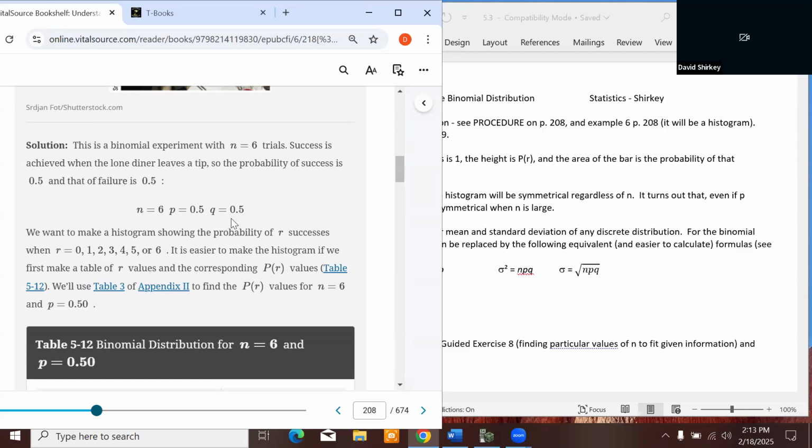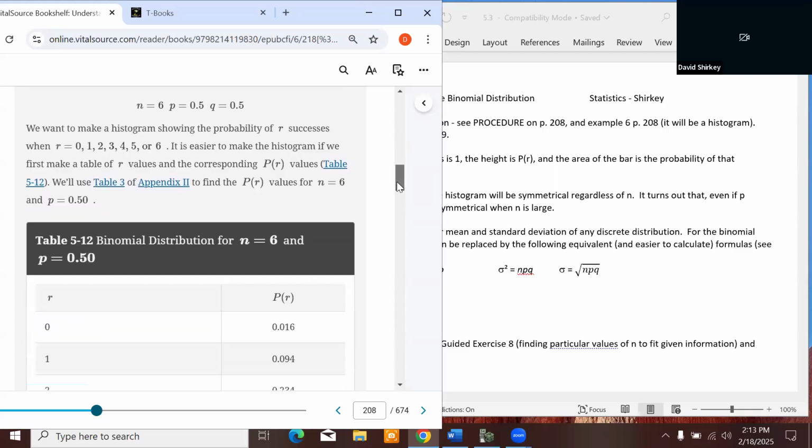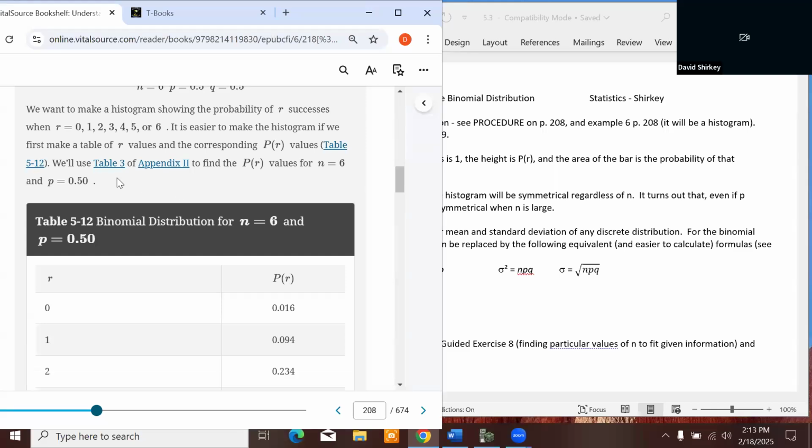P's probability of success, Q's probability of failure. And so what we do is we use table 3 of appendix 2, the binomial table, to find the P of R values for N equals 6 and P equals 0.5.